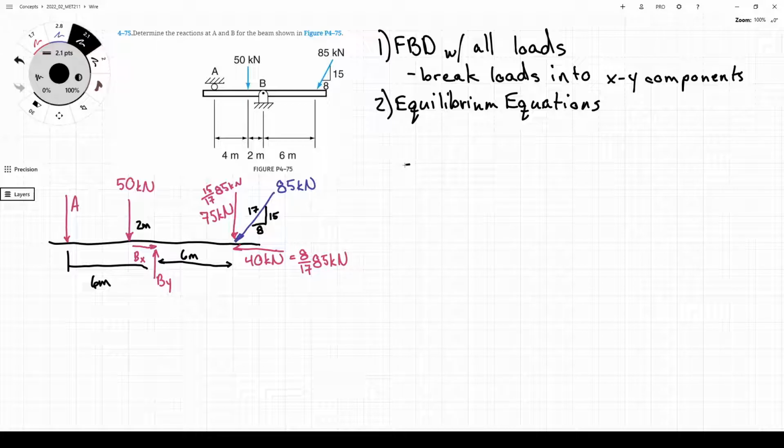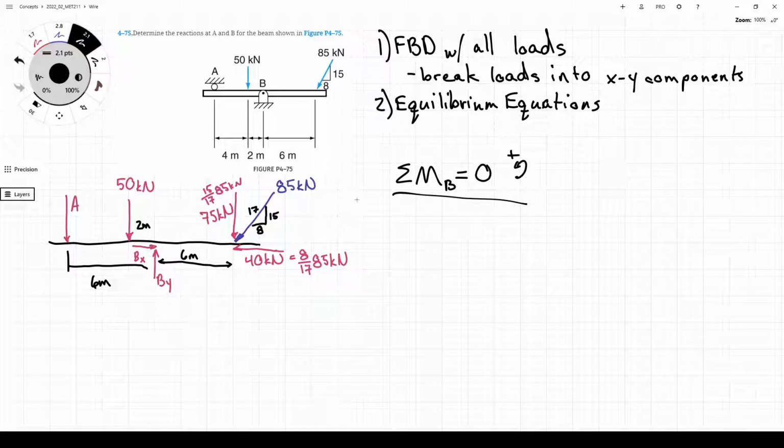We're going to set up our equilibrium equations. Because we've got this beam problem, we'll start with our sum of moments. And because we've got two forces at B, we're going to start with the sum of moments about point B equal to 0, with counterclockwise as positive.